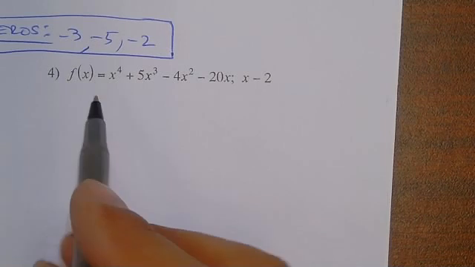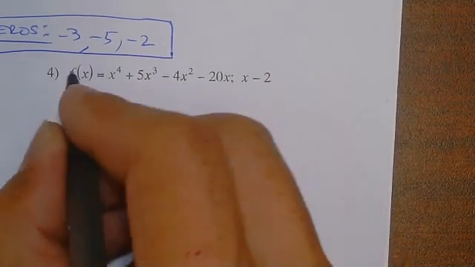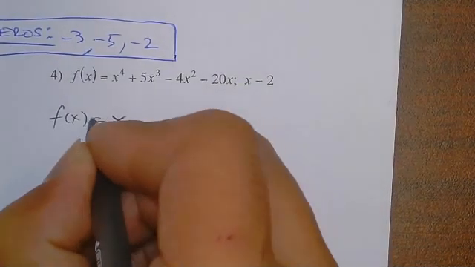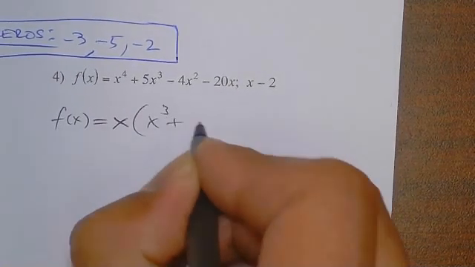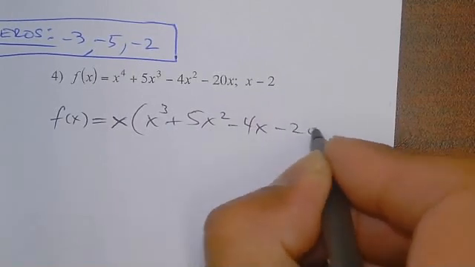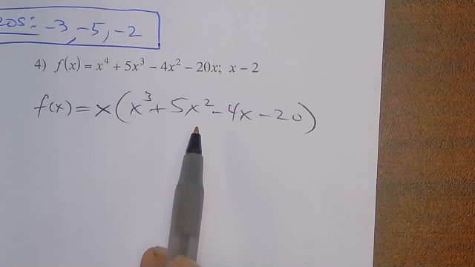All right. Go ahead and do number 4. Anybody finished it? You want me to do it real quick? I'll do it really, really quick. Again, these will have a GCF. Always look for that. So it's now going to be f of x is equal to x times the factored-out expression: x cubed plus 5x squared minus 4x minus 20.